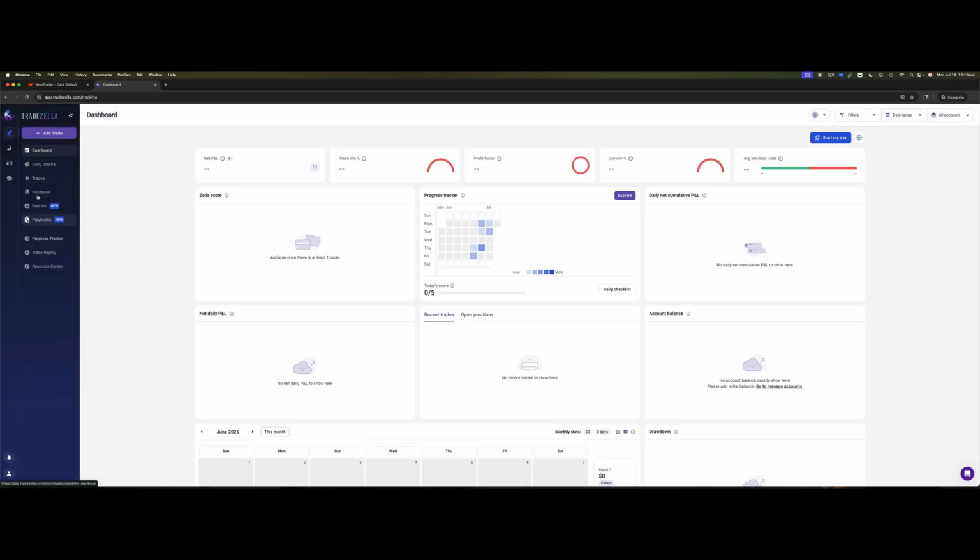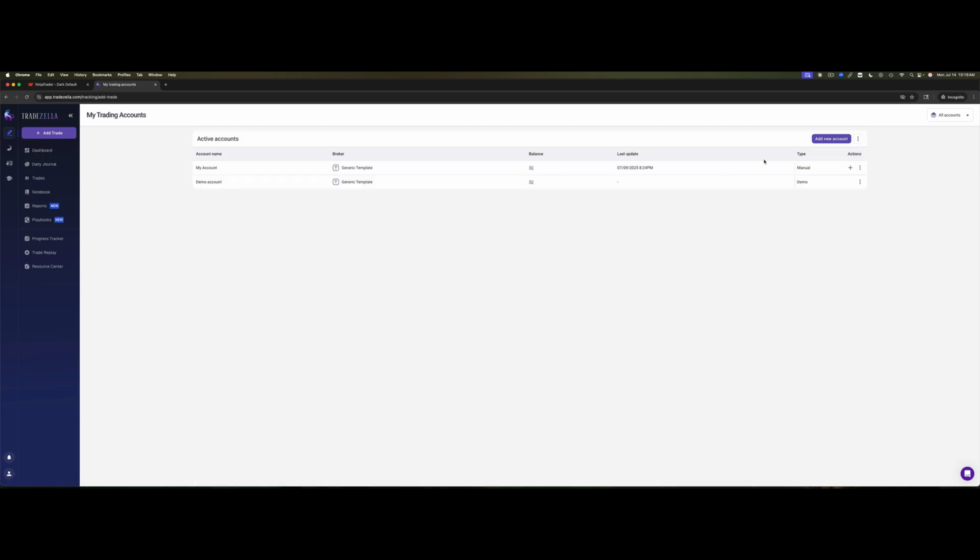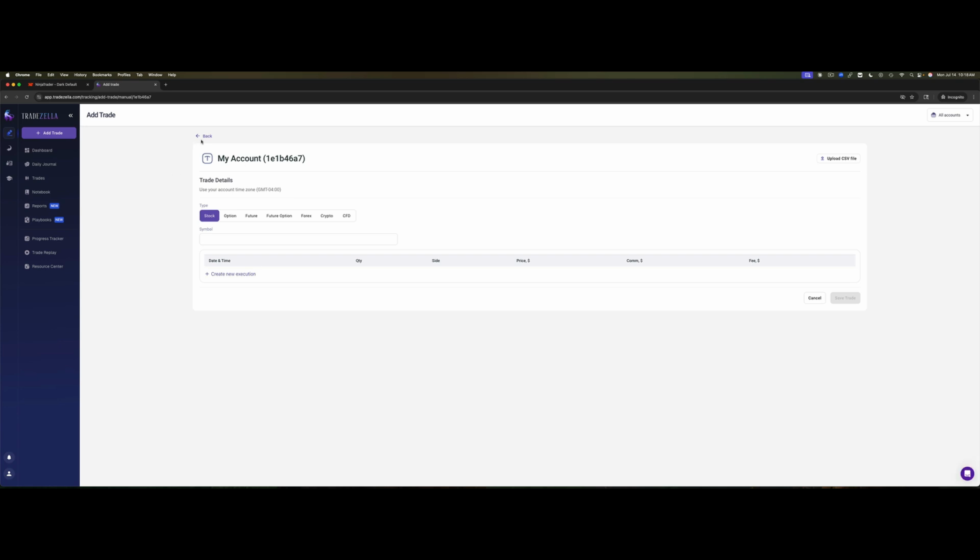Anyway, what I was going to try and look at was uploading trades automatically because I know they have that here. I just don't know where it is exactly.